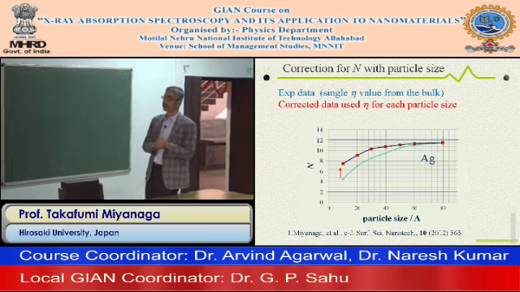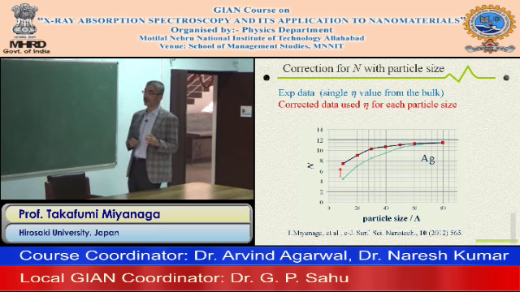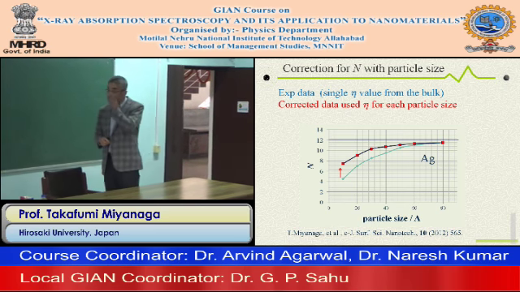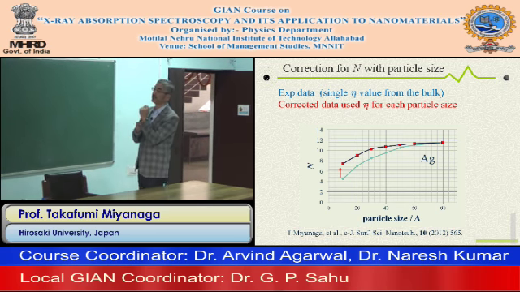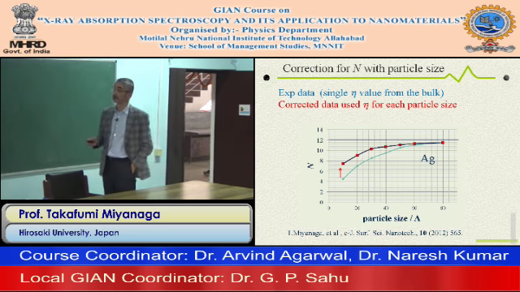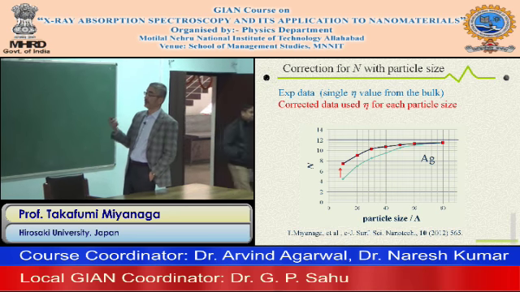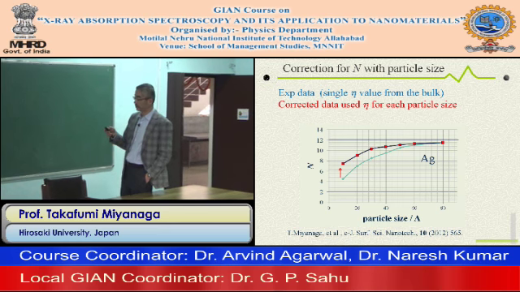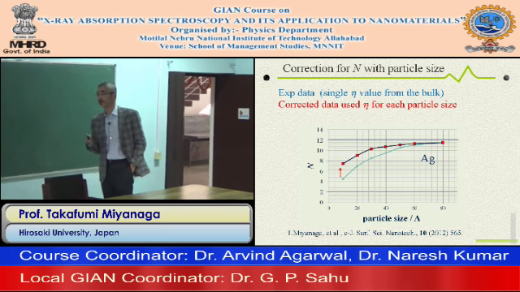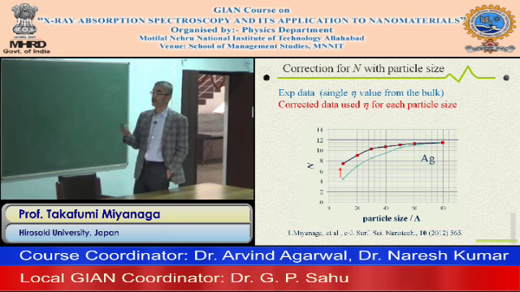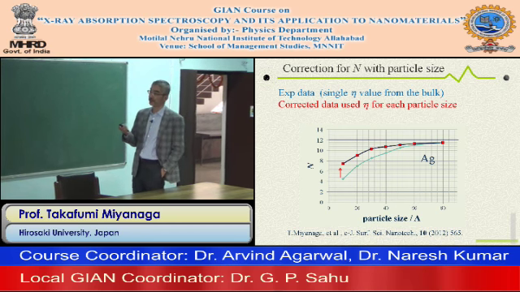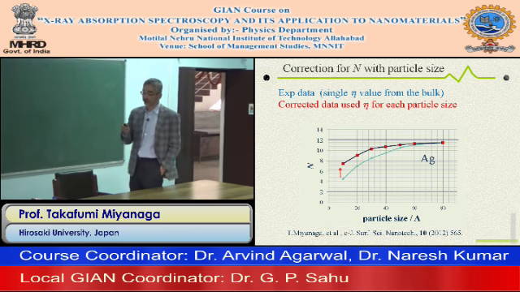But in the case of semiconductors or insulators, we don't have any ideas at present. So we pay attention to checking the coordination number obtained from the usual EXAFS method for very small particles.